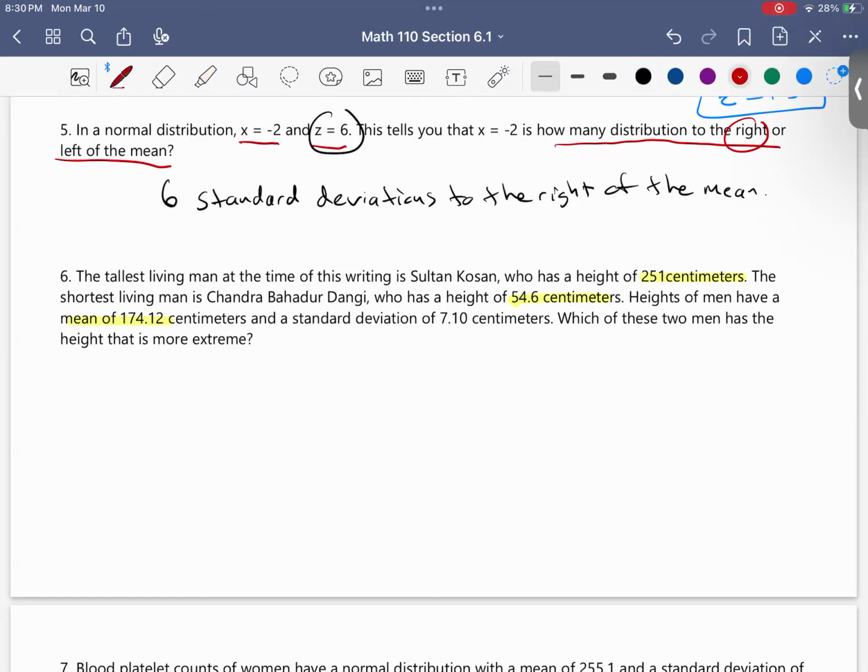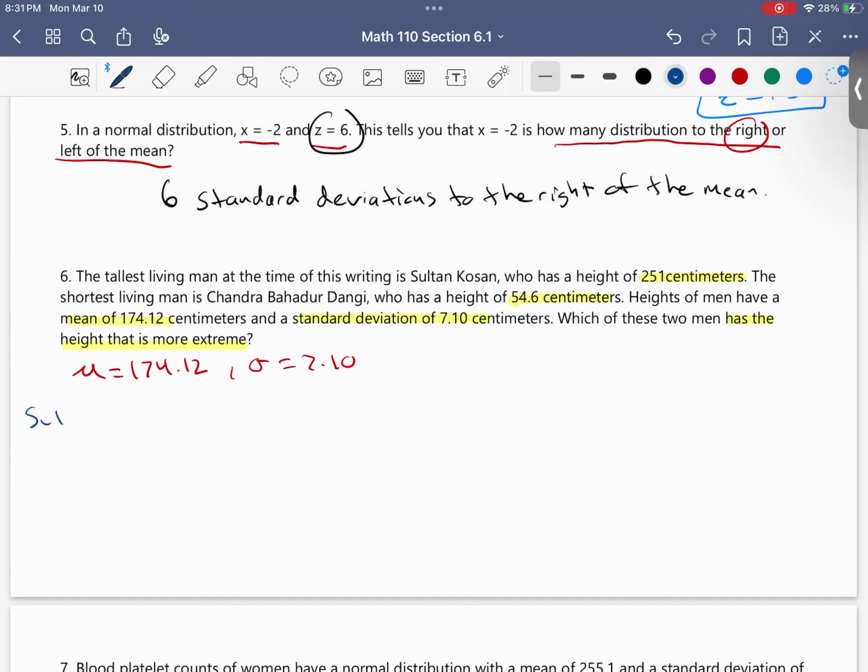So let me write that down. And a standard deviation of 7.10. Which of these two men has a height that is most extreme? So what we want to do here is calculate the z-score for both of these men. So let's try that out.